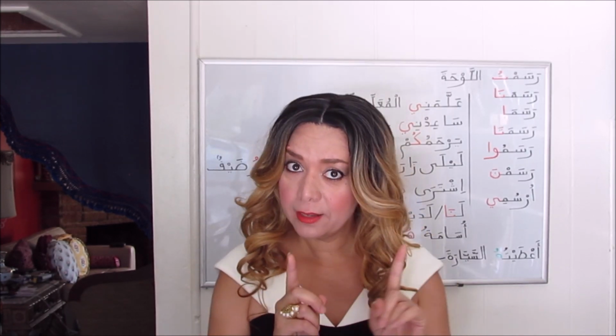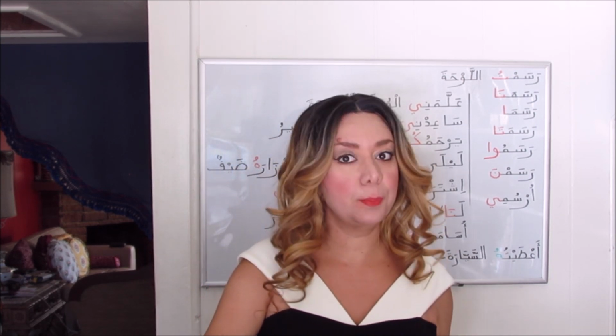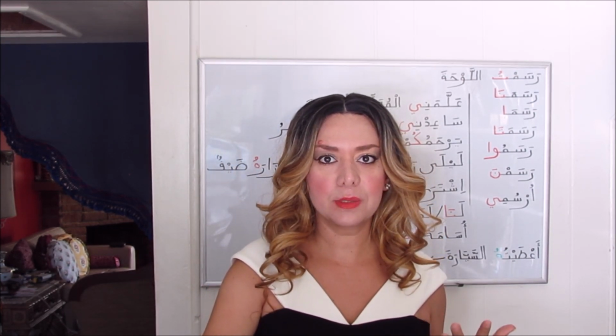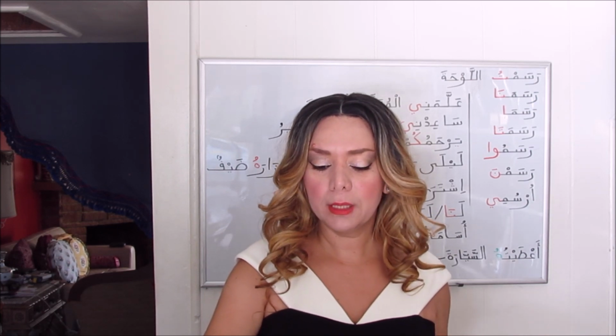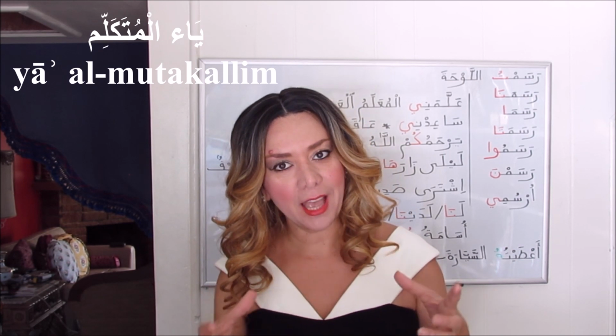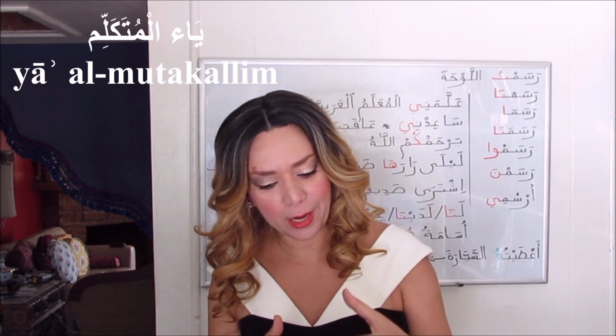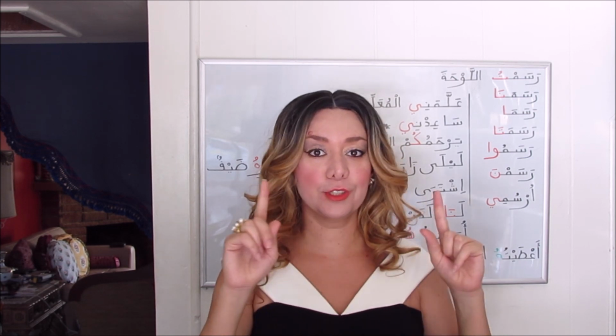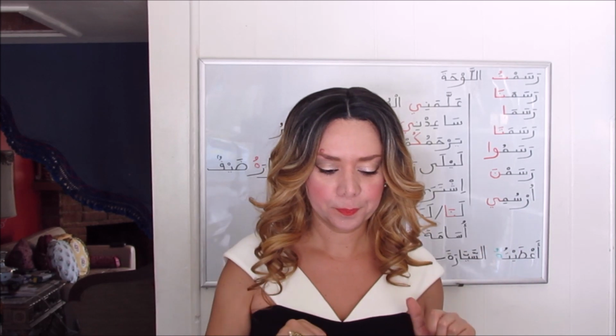So that ya is called the ya of the speaker, because I am speaking. Ya of the speaker, ياء المتكلم. So the ya is the attached object pronoun of the verb علم in the accusative, referring to the first person singular, masculine or feminine.